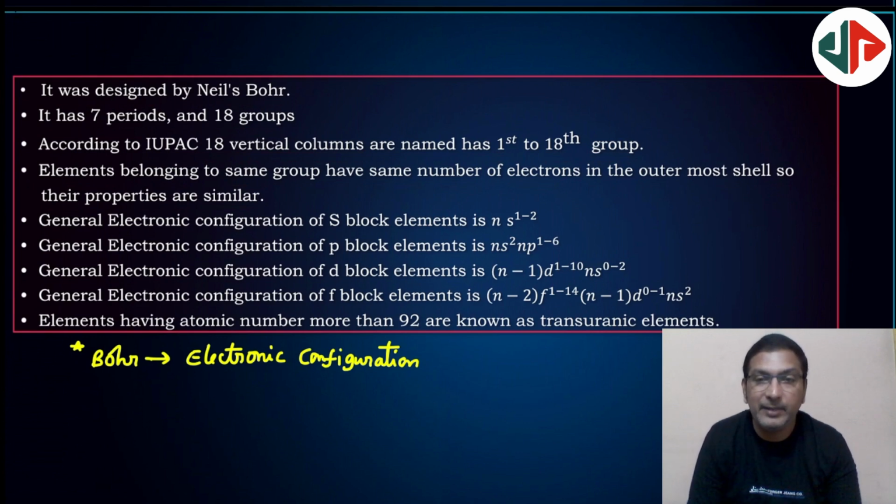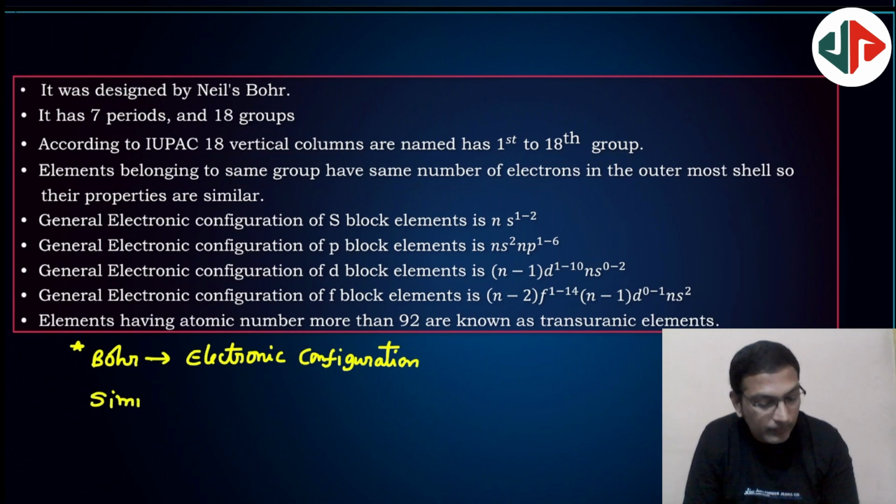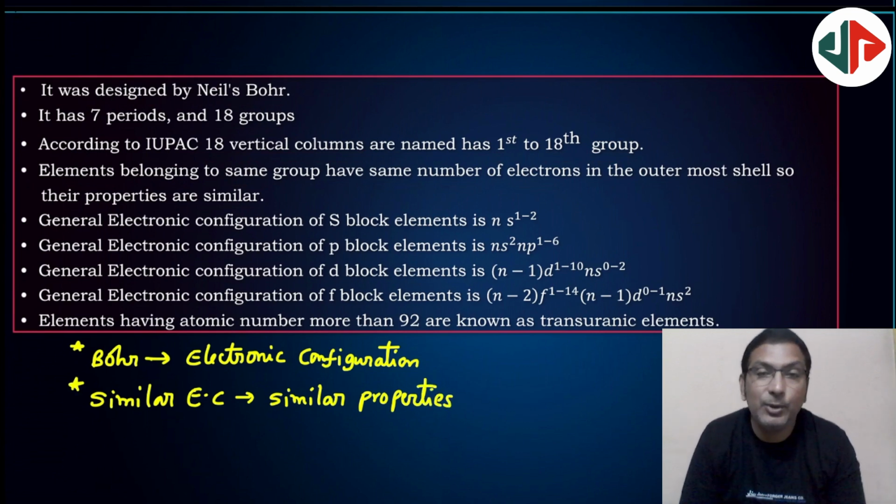That means elements falling in the same group will have similar chemical properties. Similar configuration means similar property. Similar electronic configuration gives similar properties. We can explain properties based on valence electronic configuration.